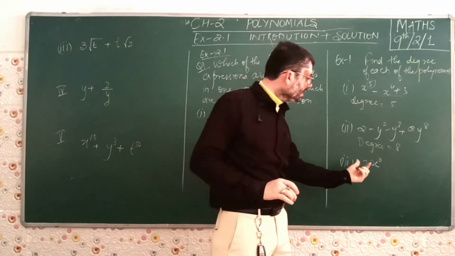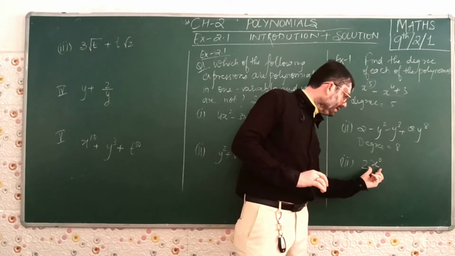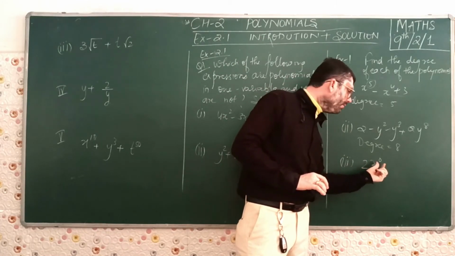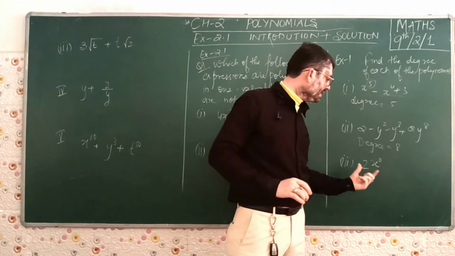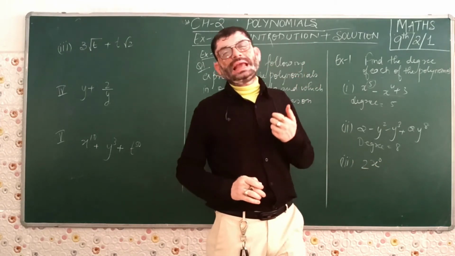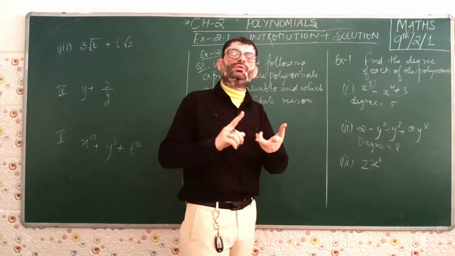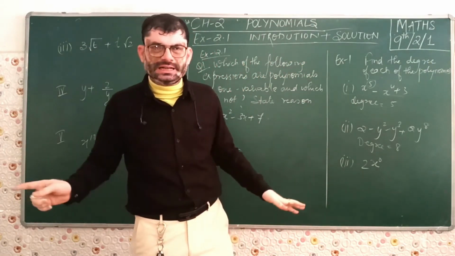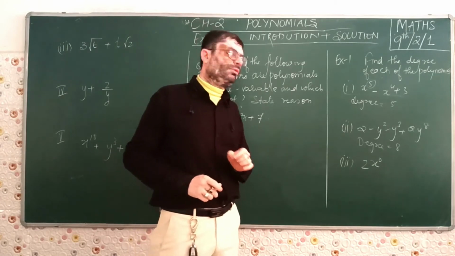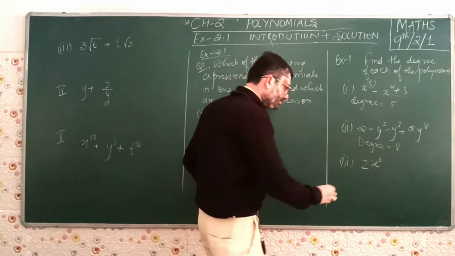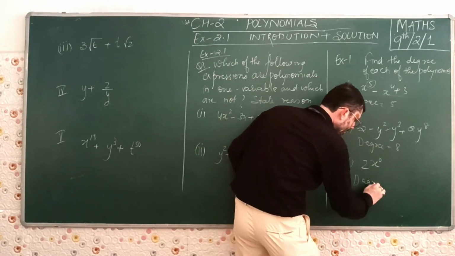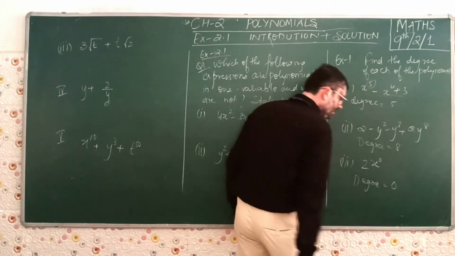But there is a variable, that is x, whose power is 0. So we can say the degree of any constant polynomial, 2, 4, 5, 1, 8, whatever it is given, is always 0. So here we can say the degree is 0.